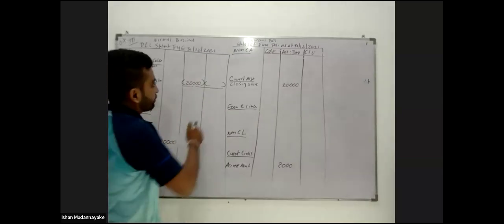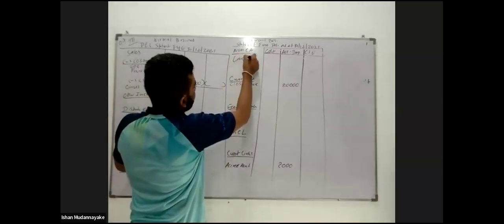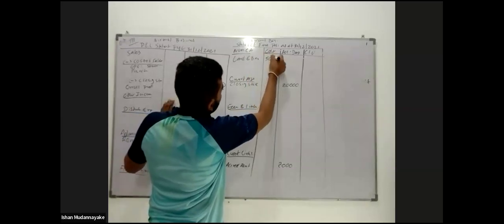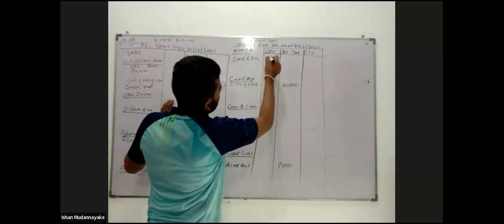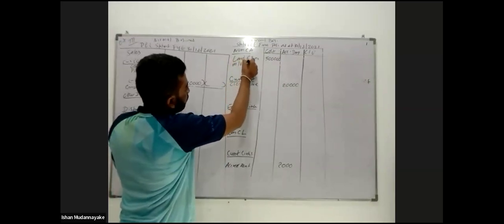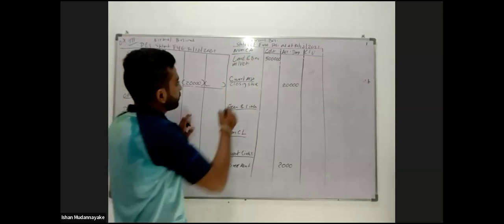Next one. Motor vehicle should be depreciated at 20% per annum on straight line basis. Land and building 500,000, and motor vehicle 600,000.